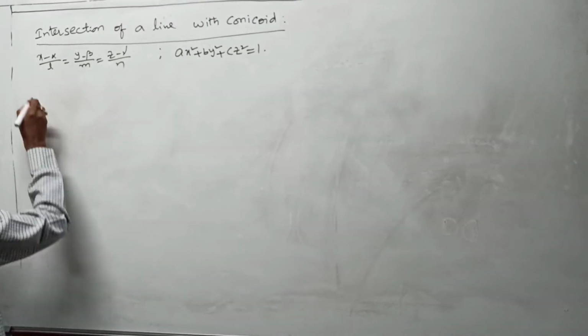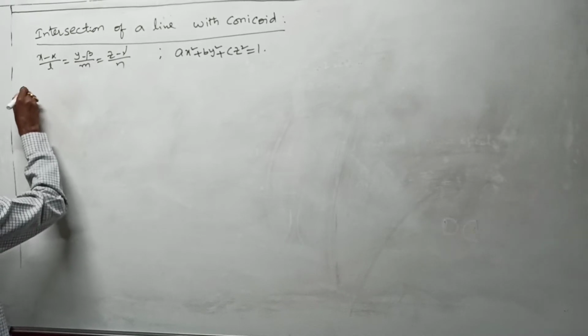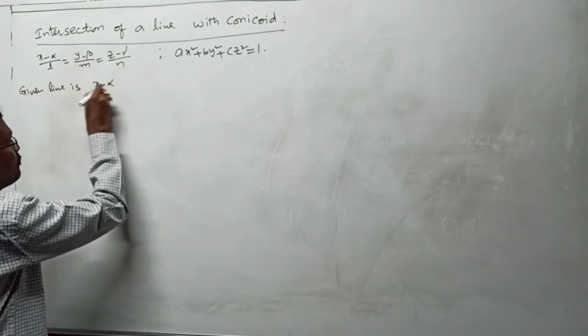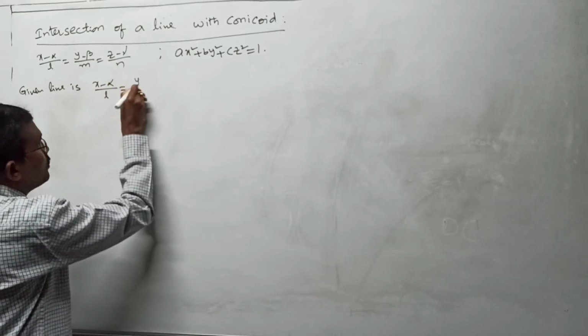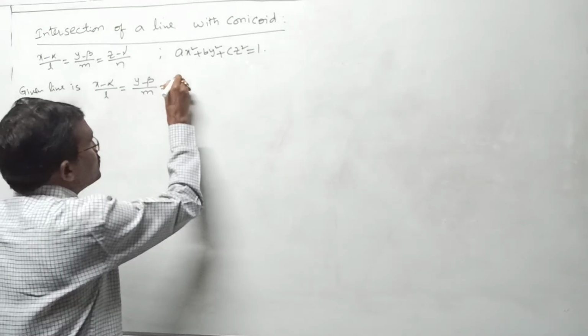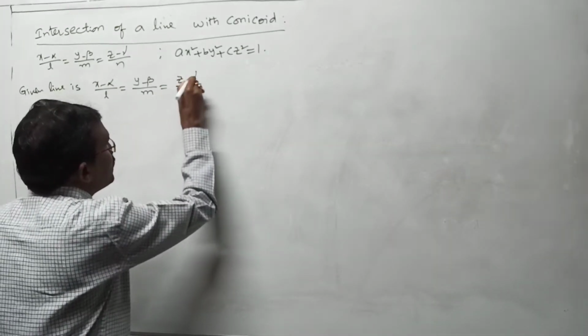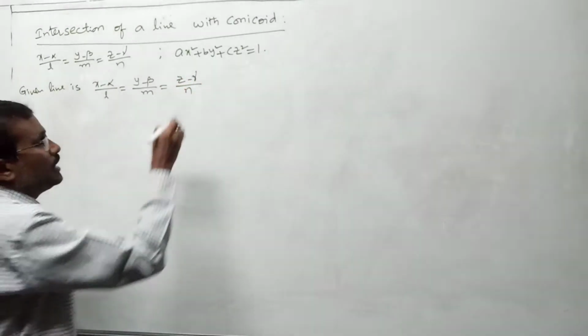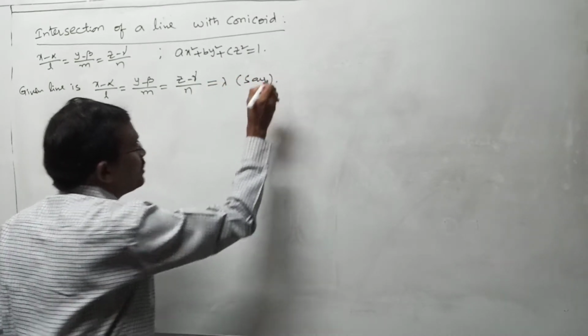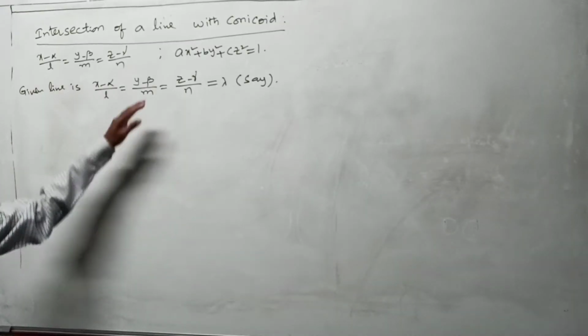First, take your given line: x minus alpha by l is equal to y minus beta by m is equal to z minus gamma by n. Let us consider this equal to some lambda, to find a general point on that line, right? Now define the general point.